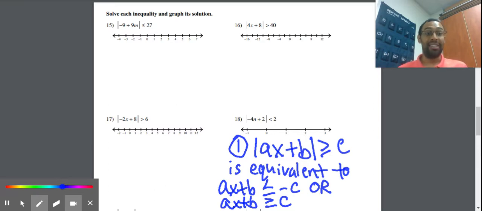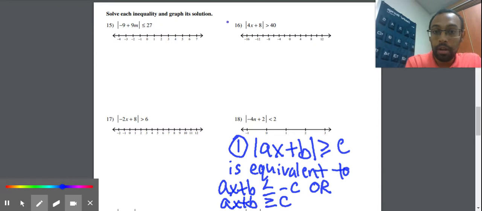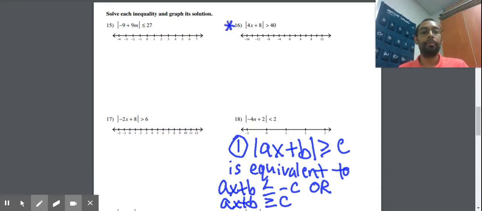So looking at number 16. Okay, we're going to start with 16 here. Focusing on this problem, the absolute value of 4x plus 8 is greater than 40. So this follows the rule of absolute value of ax plus b greater than or equal to c.